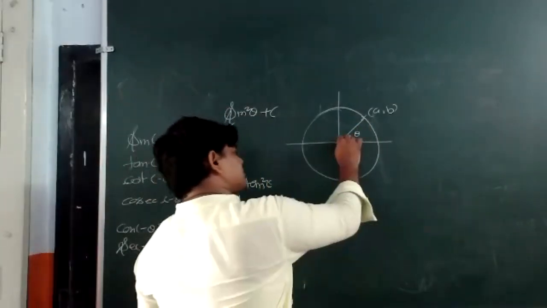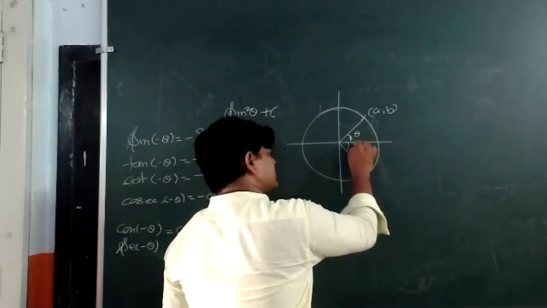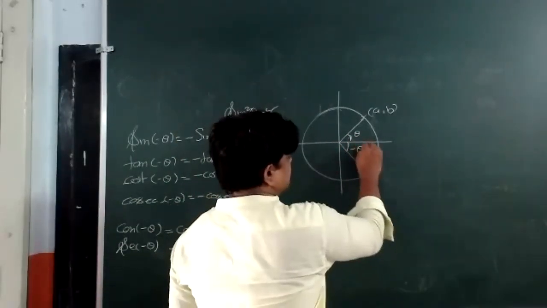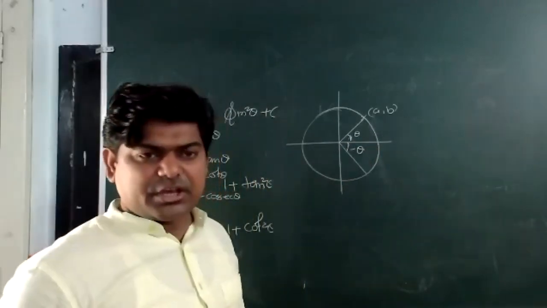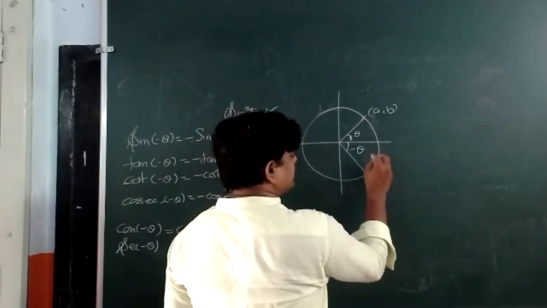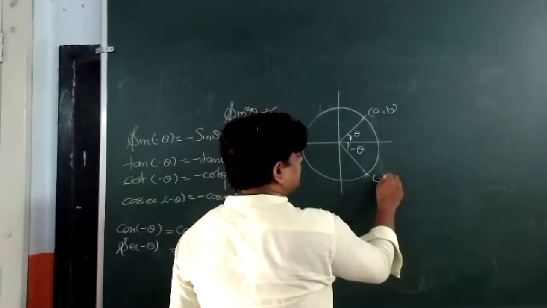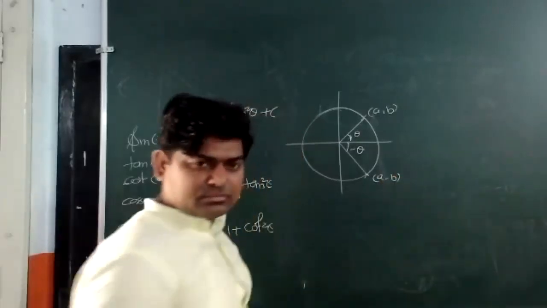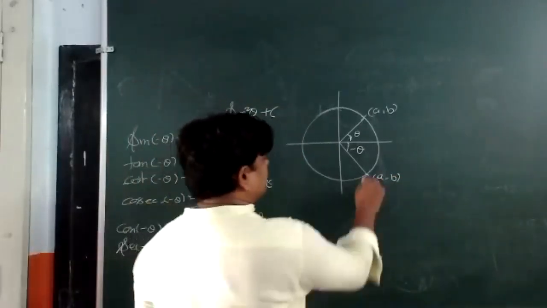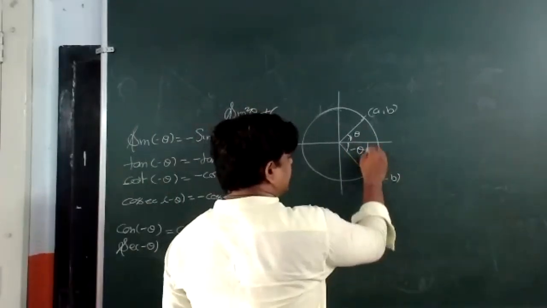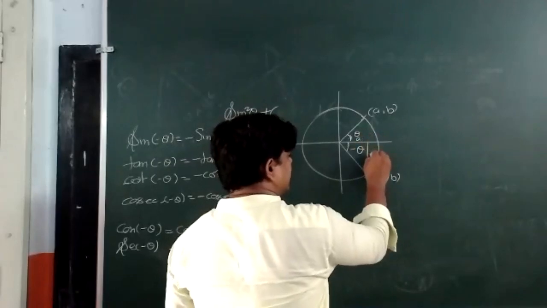But this angle here will be negative. It can be written as minus theta. And this point can be written as A and minus B. Is it or not? If I draw a perpendicular here, that would be A and that would be minus B.